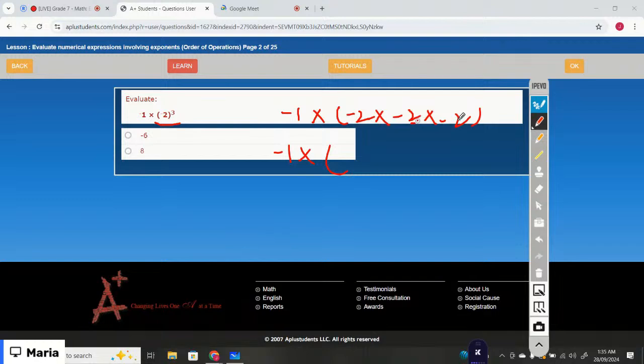2 times 2 is 4, and 4 times 2 is 8. So you have negative 8. Negative 8 times negative 1 is 8. You're multiplying two negative numbers, so the product of two negative numbers is positive.